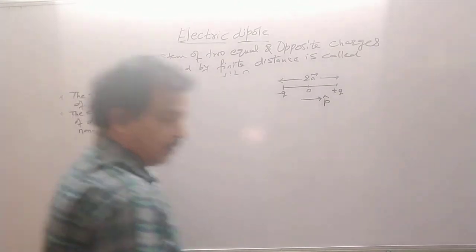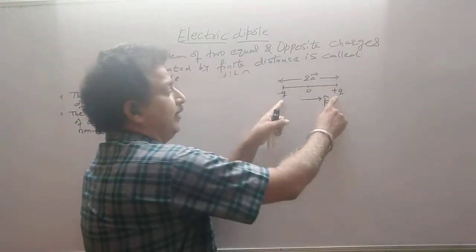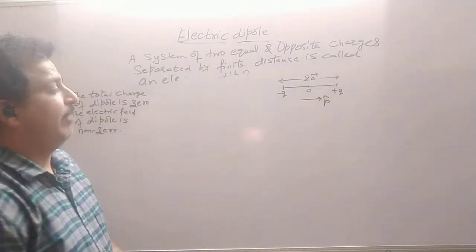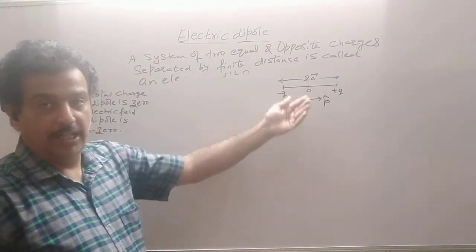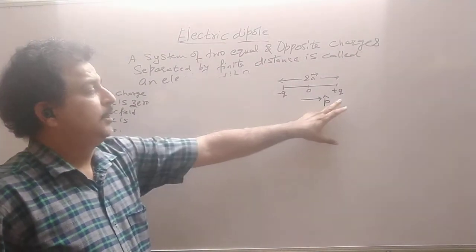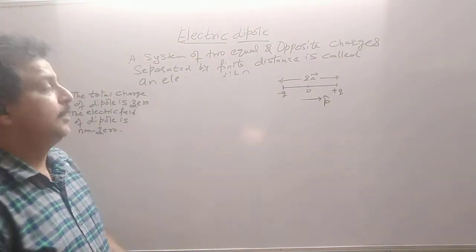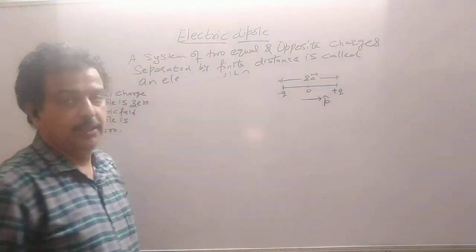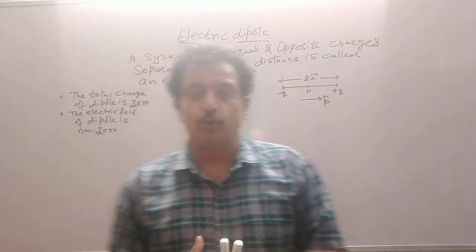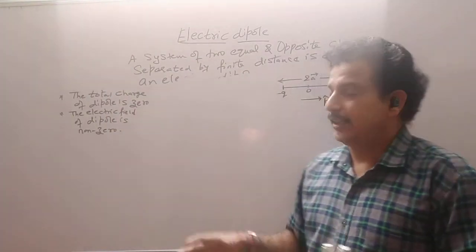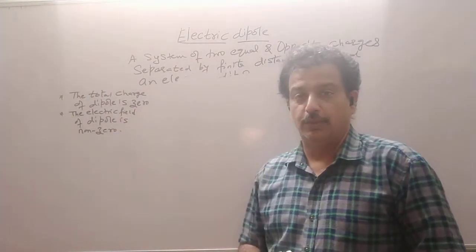Because both the charges are separated by a finite distance. Now if we find the electric field at any point due to plus q charge and the electric field at any point due to minus q charge, and when we add these electric fields, then it comes out to be non-zero.